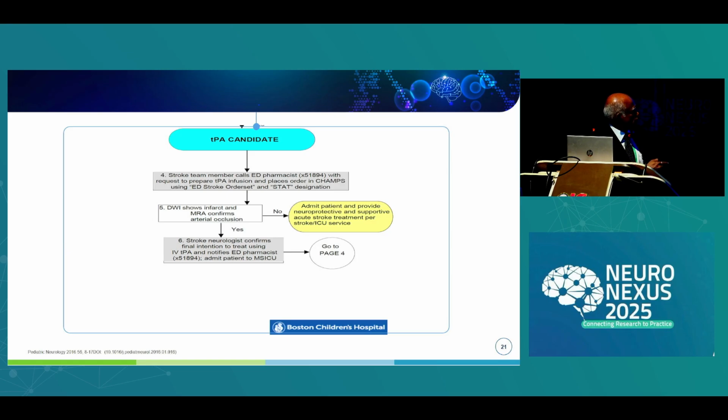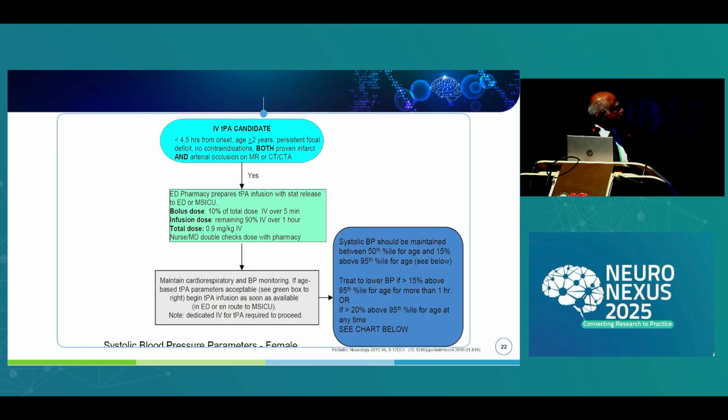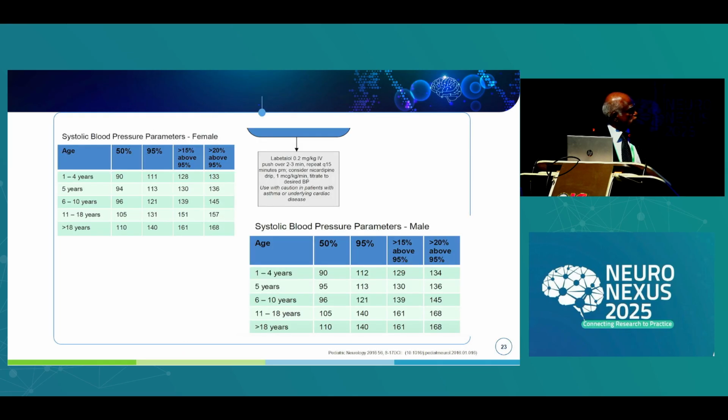What we do is admit and give the thrombolytic drug. Once you admit, you have to maintain the blood pressure. When we give thrombolysis in an adult, we have defined criteria based on the systolic and diastolic blood pressure. For children, we need to be aware that it is much less than what is seen in adults.